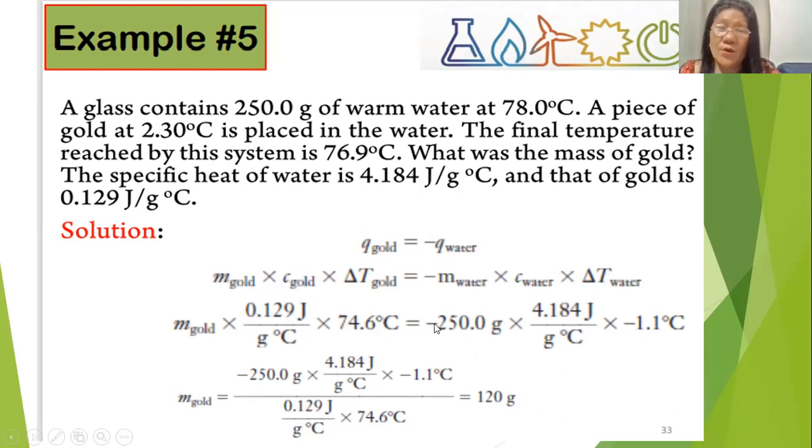Your product here will be positive, over this, joule per gram. So divide this, and you will have a mass of gold equal to 120 grams.